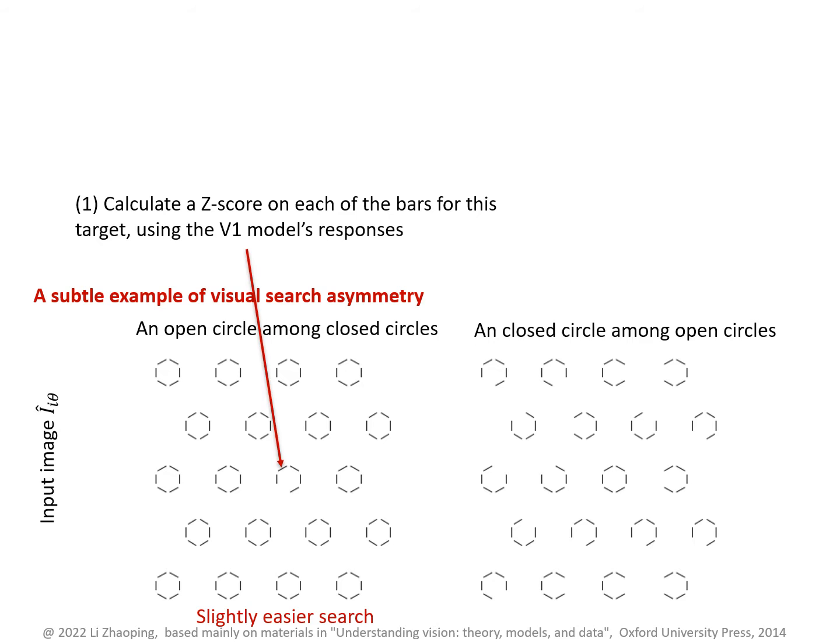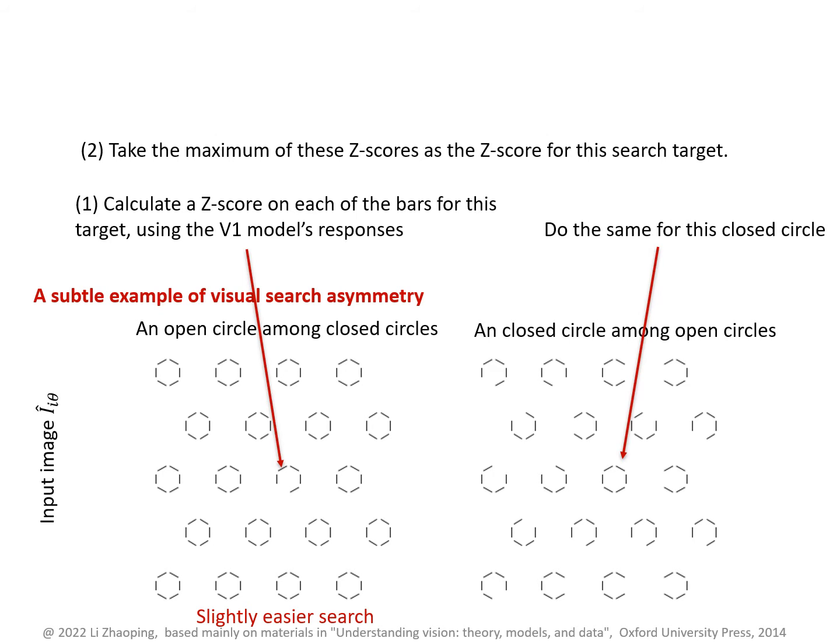And from these responses, we calculate a z-score for each of the bars for the target circle and take the maximum of these z-scores and treat it as the z-score for this circle as a whole, since attention to any bar on this circle is attention to this circle. And we do the same thing to get a z-score for this closed circle in the visual image on the right. And the results are the z-score is 9.7 for the target circle in the left image and is 0.41 for the target circle in the right image.